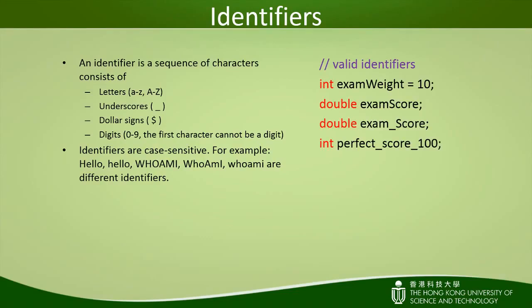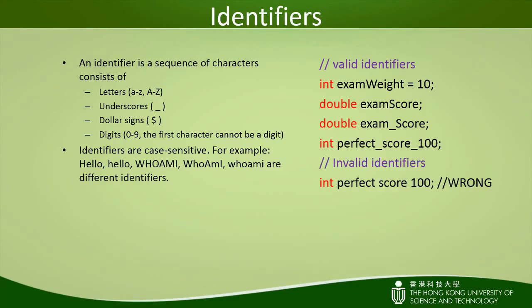Let's look at some examples. You have seen that examRate and examScore have been used in the previous program, and they are valid identifiers. You also see the words int and double in orange. These are types of the identifier. Let's ignore them for now.